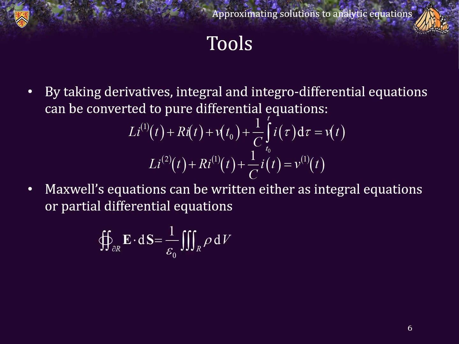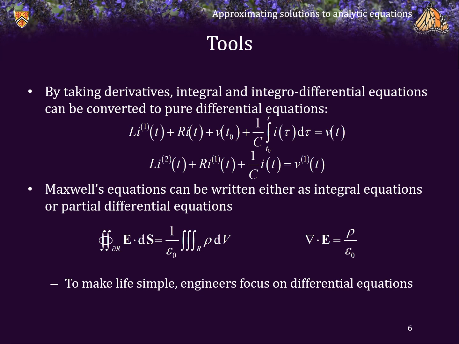So, for example, Gauss's law in integral equation form is shown here, while in differential form is shown here. Now, to make life simple, engineers simply focus on differential equations, and that's what we will be applying in this course.